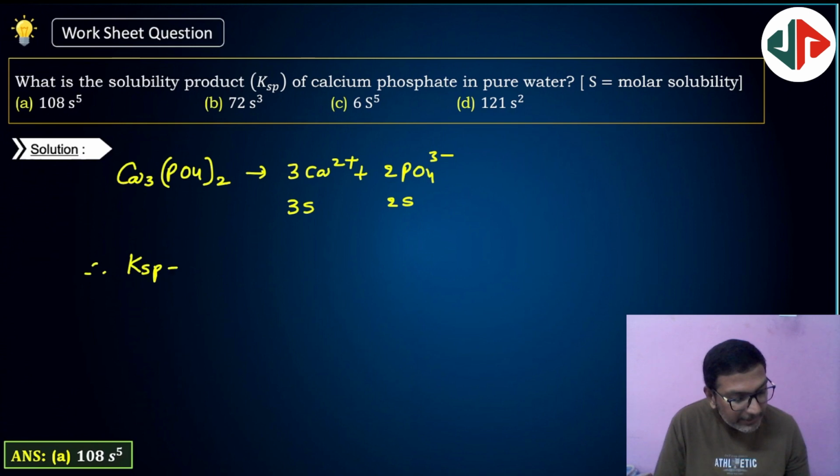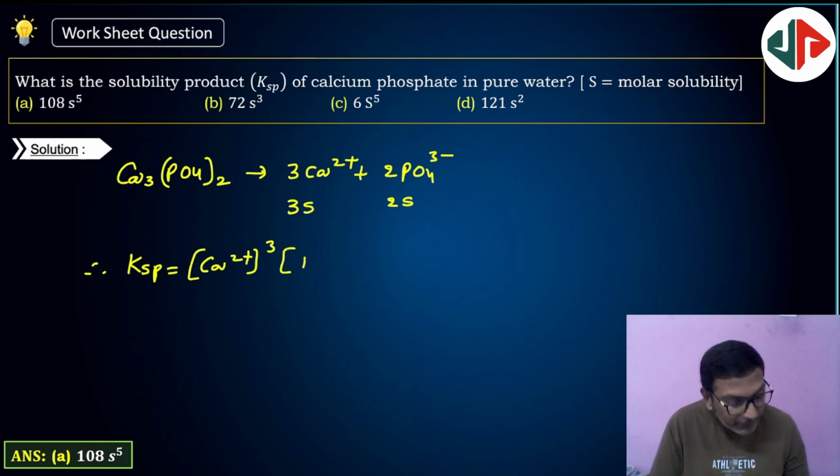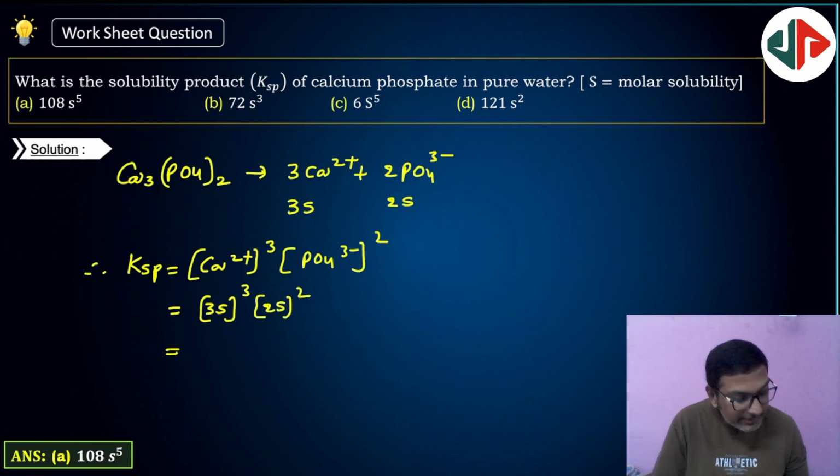Therefore Ksp equals the Ca2+ concentration power 3, PO4 3- concentration power 2. That means (3S) cube (2S) square, which is 108 S power 5. Option A.